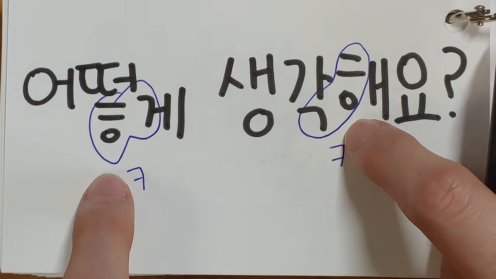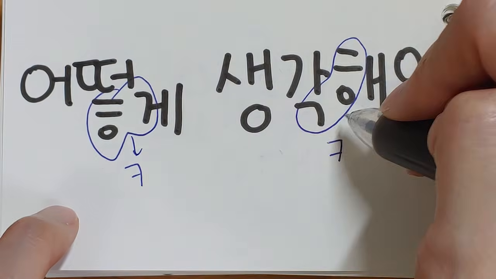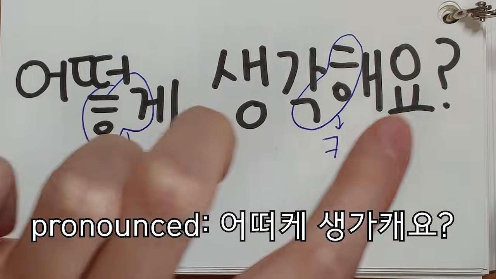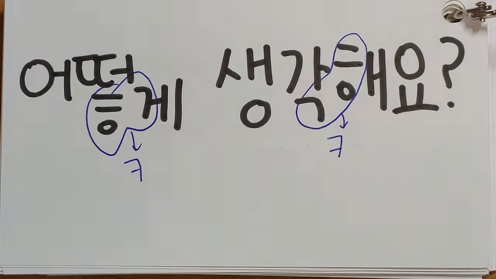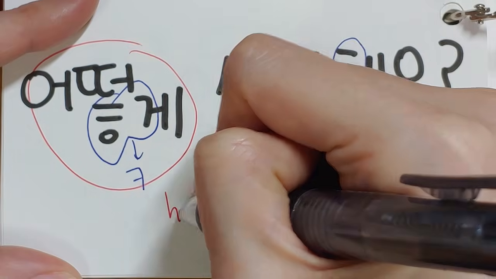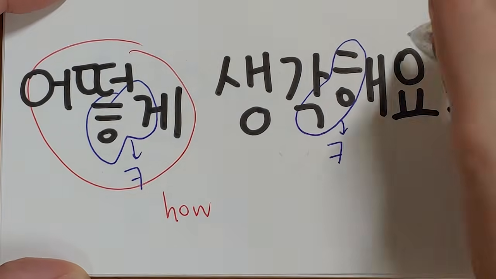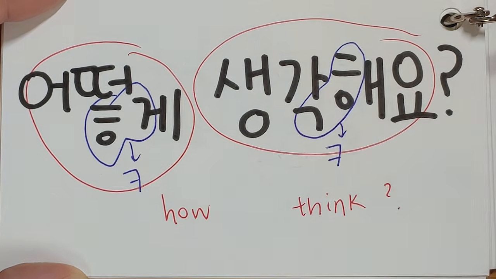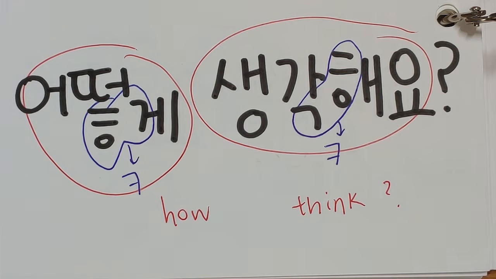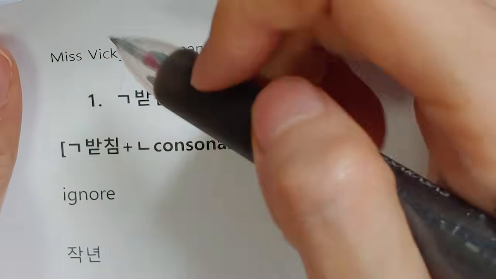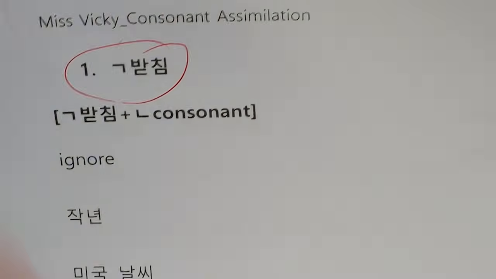But if you compare these two and know that they both make k sound, it'll be easier to remember. 어떻게 생각해요? And 어떻게 means how. And 생각해요 means think. So, how think. Like, so what do you think? What do you think of it? And so that was the consonant assimilation rule for 기역 받침 combination.